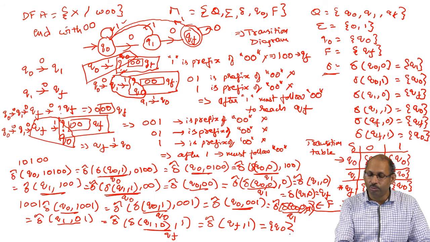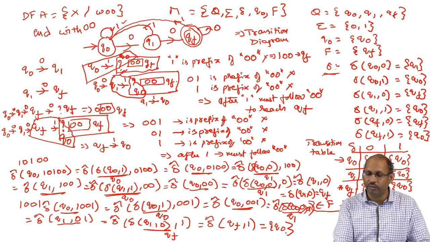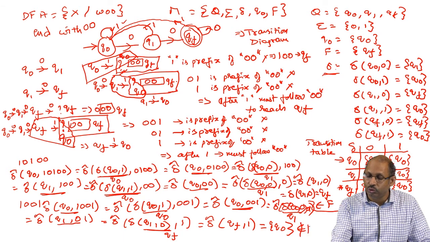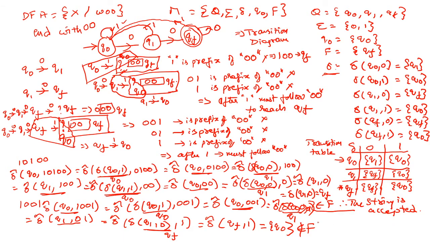The final output is Q0, which does not belong to the set of final states. So, the string is not accepted.